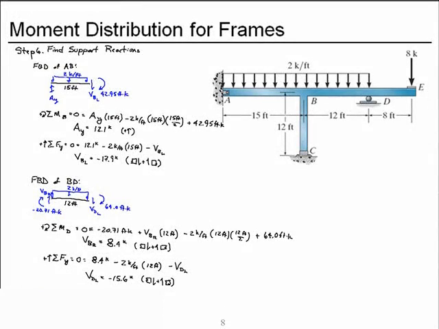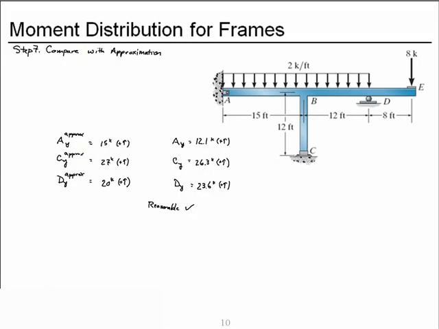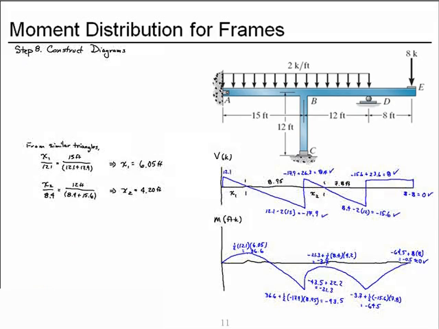We then used those internal moments to find the support reactions and internal shears at A, B, C, and D. We compared these vertical reaction results with the approximate analysis results and concluded that they were reasonable. And we then constructed the shear and moment diagrams by integration. Well done.